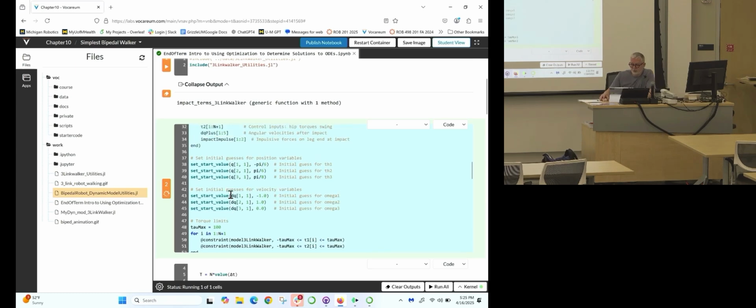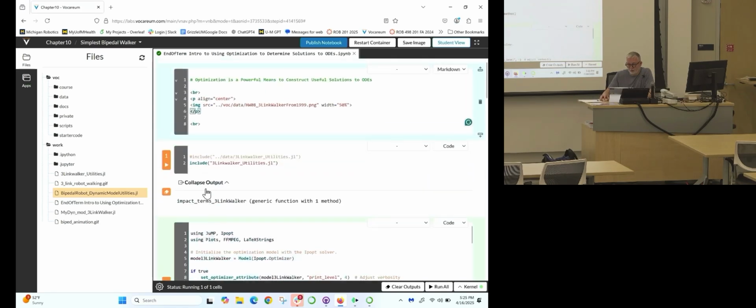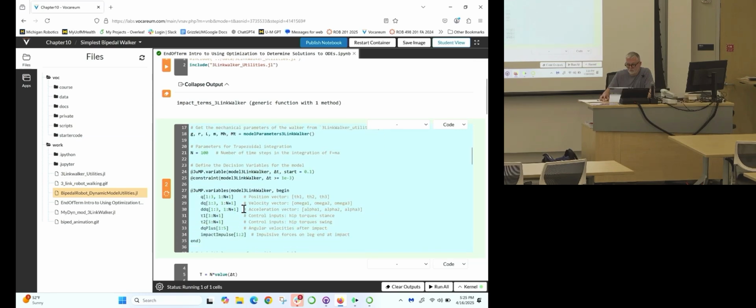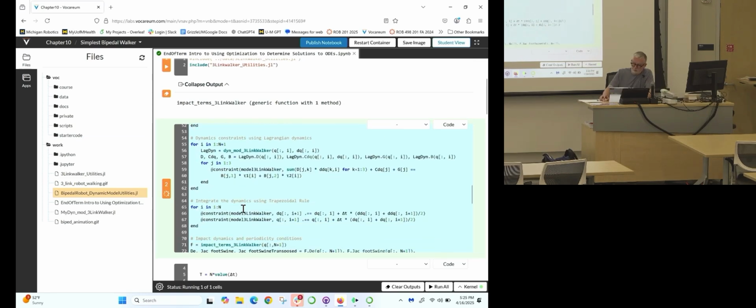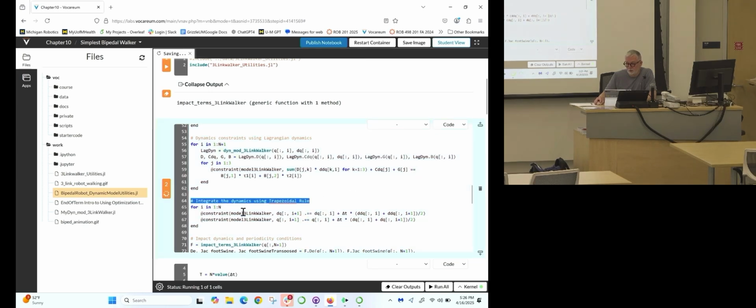We're going to constrain that we get a periodic walking motion. And a lot of this time is just loading all these various packages. It takes, I don't know, 300 milliseconds to do the optimization, something like that. The dynamics are set up as equality constraints using the trapezoidal rule.